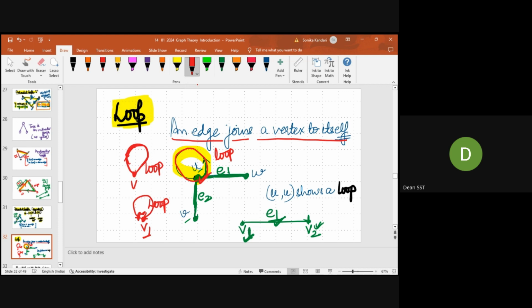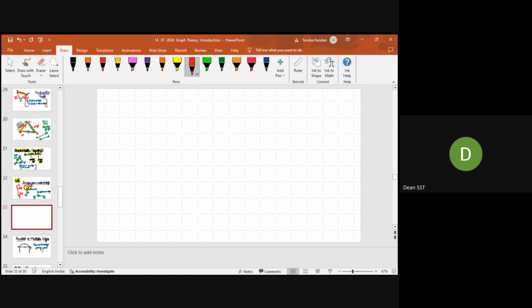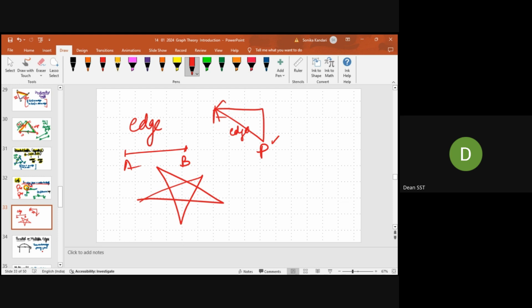Is it clear? Any edge joins 2 points. Suppose A and P: the edge is joining A and P. Suppose this is R and S: this edge is joining 2 points.